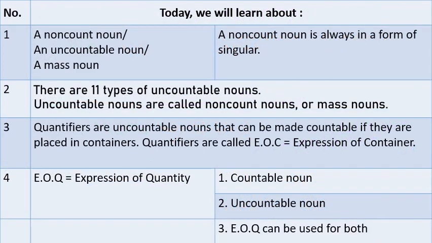Today we will learn about a count noun, an uncountable noun, or a mass noun. Number 2. There are 11 types of uncountable noun. Uncountable nouns are called non-count nouns or mass nouns. Number 3. Quantifiers are uncountable nouns that can be made countable if they are placed in containers.